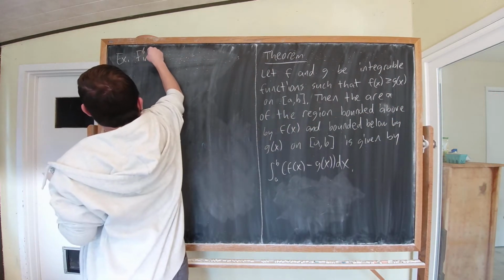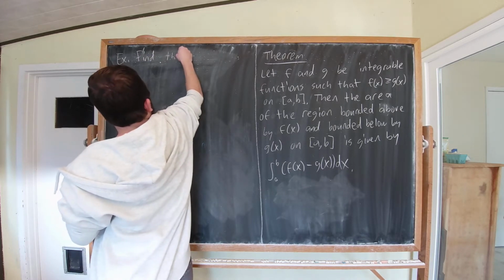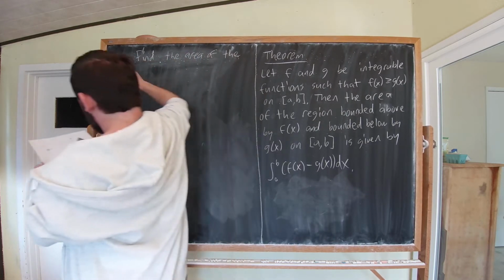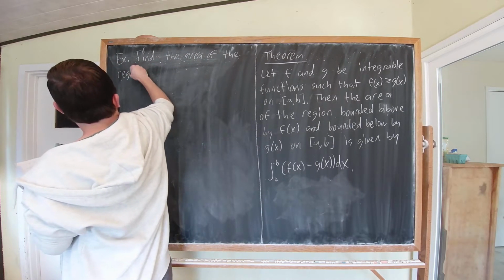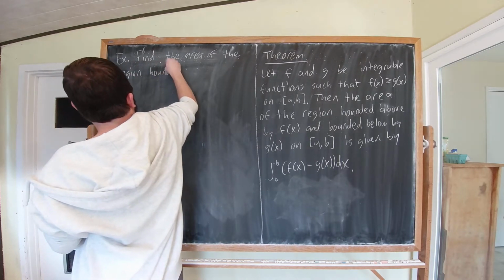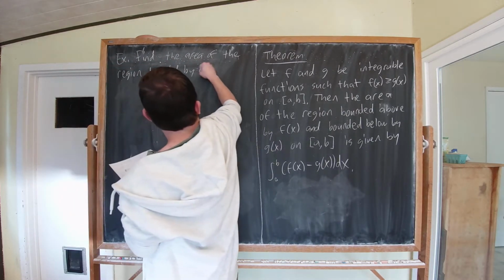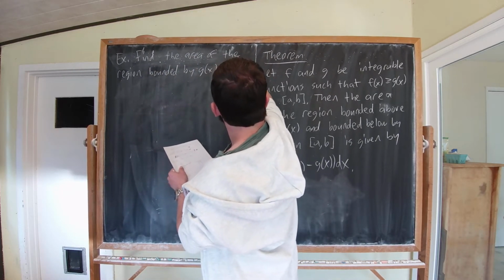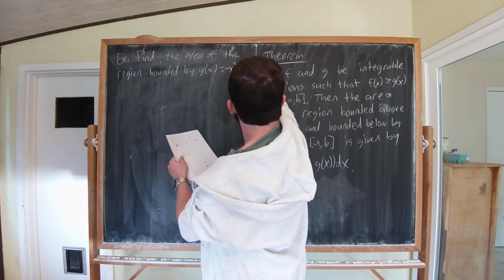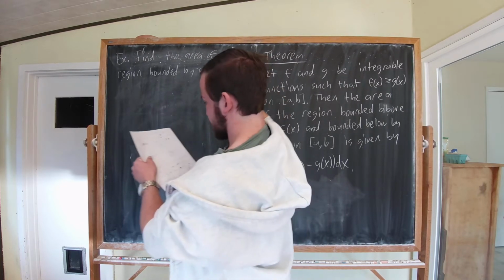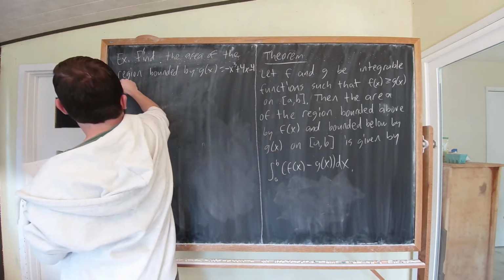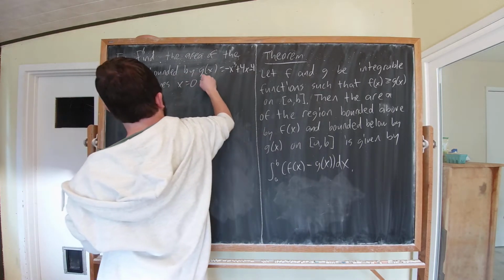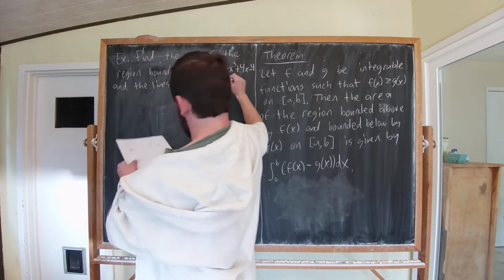They might say something like, find the area of the region bounded by g of x equal to negative x cubed plus 4x minus 4, and the lines x equals 0 and x equals 2.